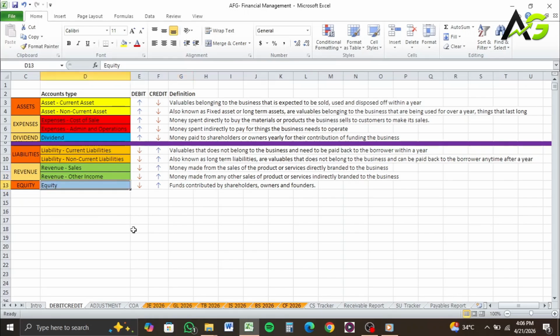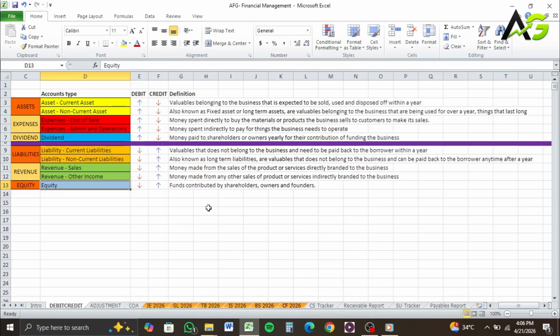Equity: funds contributed by shareholders, owners, and founders. So in the beginning, the CEO, his friends, family, maybe he went to an investor company, all of them contribute money to start the business. Those are equity.